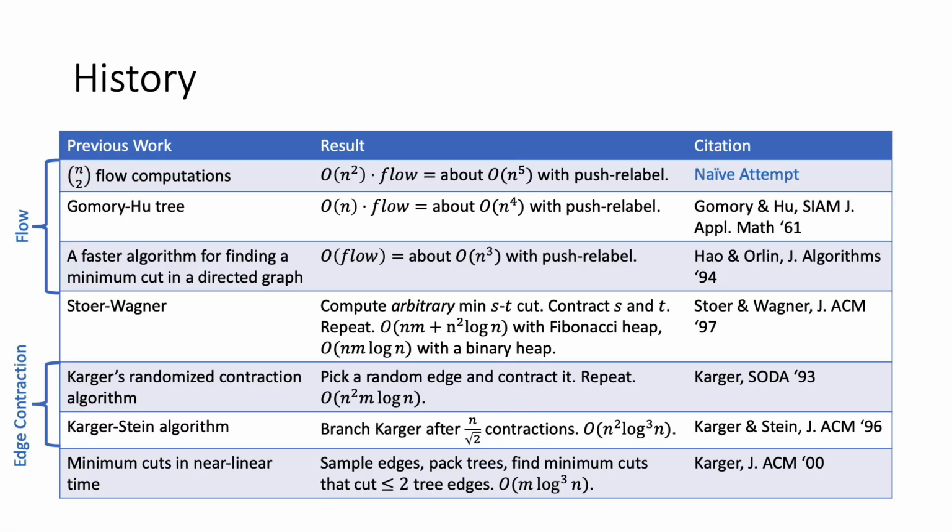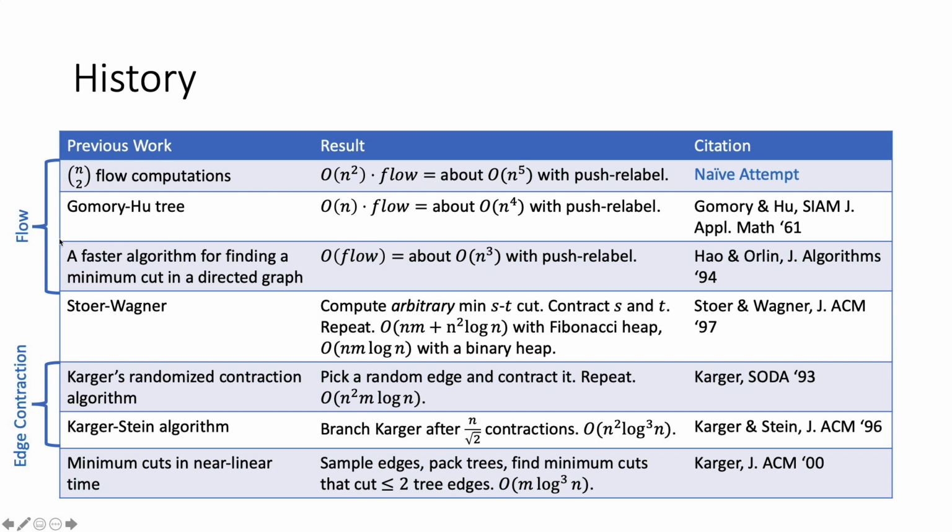Okay, so the minimum cut problem has a rich history. Most of you probably don't know all about it, so I'll try to briefly cover these different publications. The first solutions to the minimum cut problem were based on network flow. The minimum cut problem was assumed to be harder than network flow, and so the first solution was to just compute O of n squared network flows.